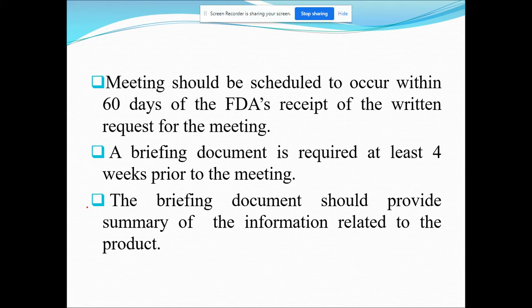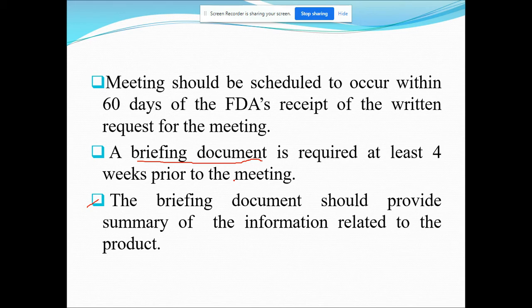Now, the third point in this particular slide, the briefing document should provide a summary of the information related to the product. आता हा जो ब्रीफिंग डॉक्युमेंट आहे ना, ज्याच्याबद्दल मी तुम्हाला सांगितलं, that a briefing document is required at least 4 weeks prior to the meeting.